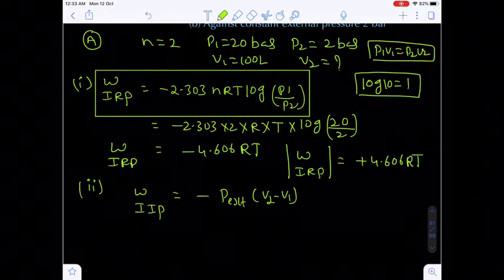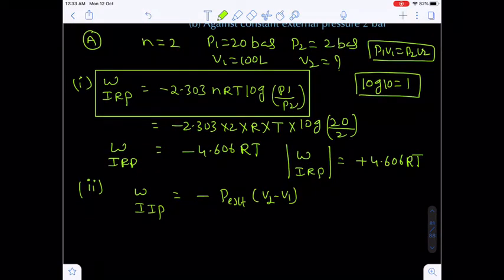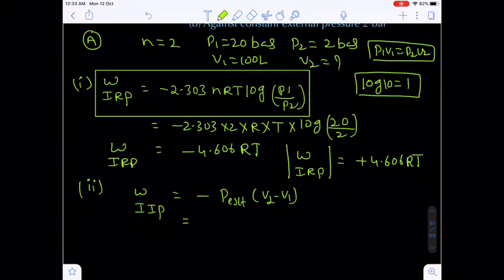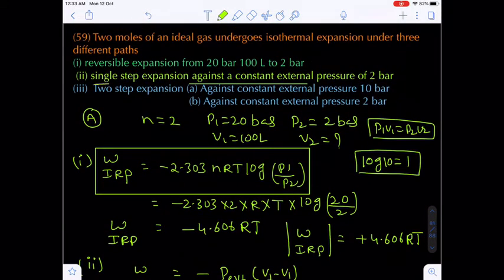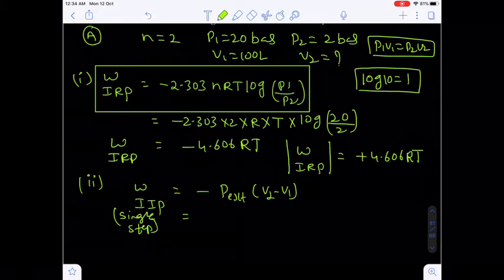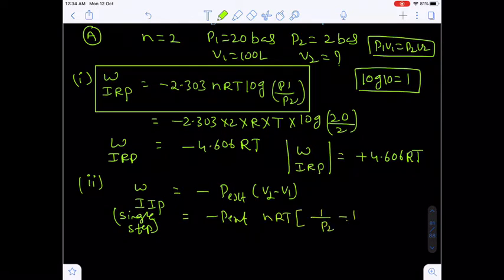Now this will be corresponding to the single step, so I am writing here single step. It will be equal to minus P external into, directly we can write nRT into 1 upon P2 minus 1 upon P1.